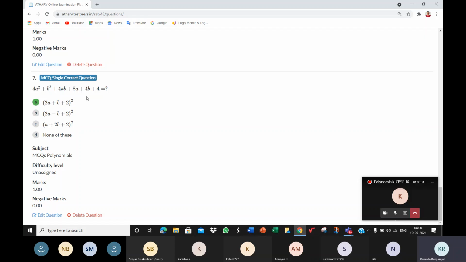And these must make 2xy, 2yz, and 2xz. So you should show that it's in the form x squared plus y squared plus z squared plus 2xy plus 2yz plus 2xz. And that will be x plus y plus z the whole square, which will work to 2a plus b plus 2 the whole square.